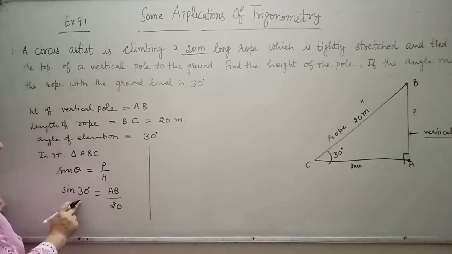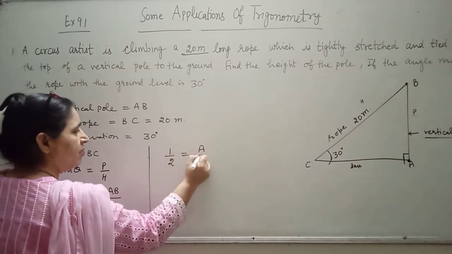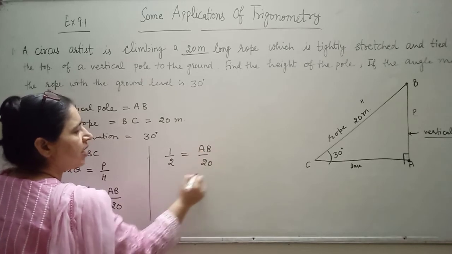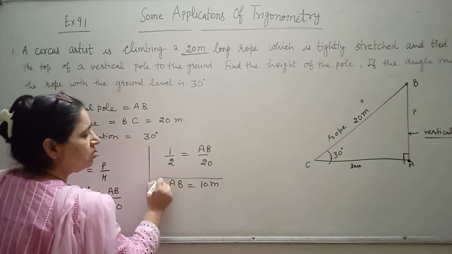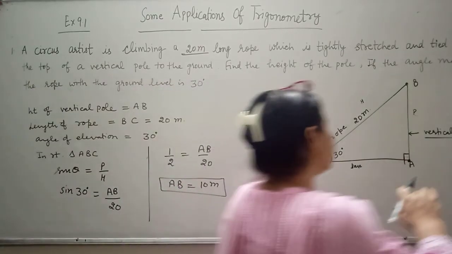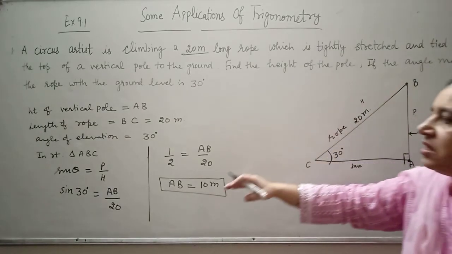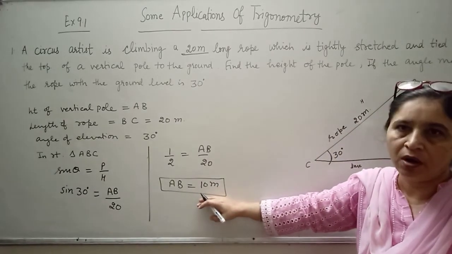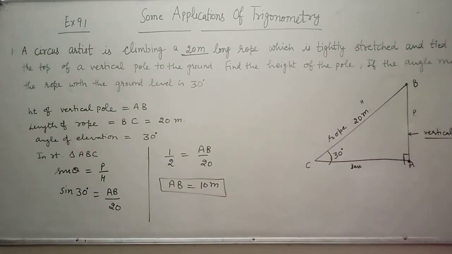Putting the value of sin 30, 1/2 is equal to AB upon 20. So AB will be equal to 10 meter. So you can see without actual measurement of this vertical pole, we have calculated its height with the help of trigonometry.